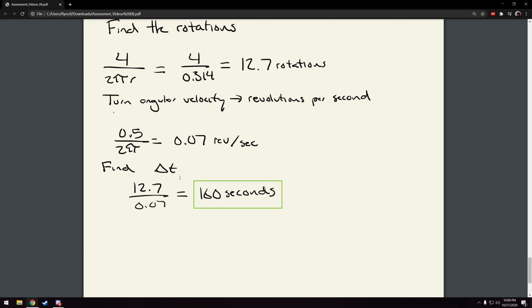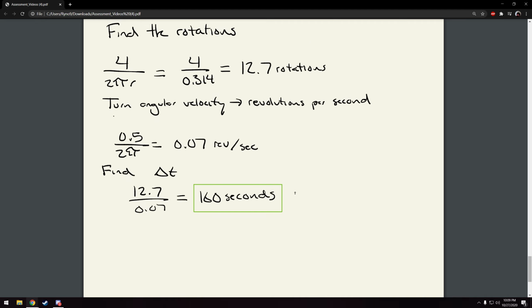We define our change in time by dividing our speed, which is 0.07, into our amount of rotations we have. So we have 12.7 divided by 0.07. We should get 160 seconds, roughly.